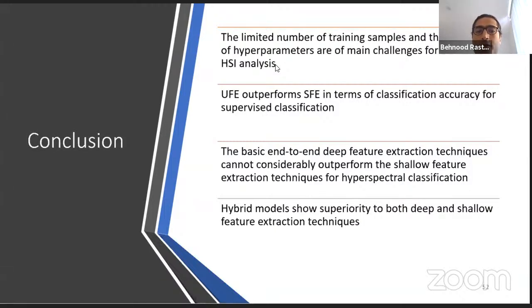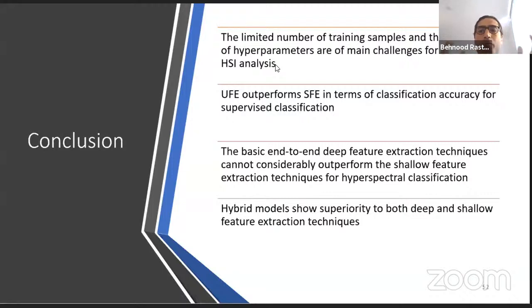Also, we saw that unsupervised feature extraction techniques outperform supervised feature extraction techniques in terms of classification accuracy, using supervised classifiers. And the basic end-to-end deep feature extraction techniques, at least for two data sets, couldn't considerably outperform the shallow feature extraction techniques for hyperspectral classification.